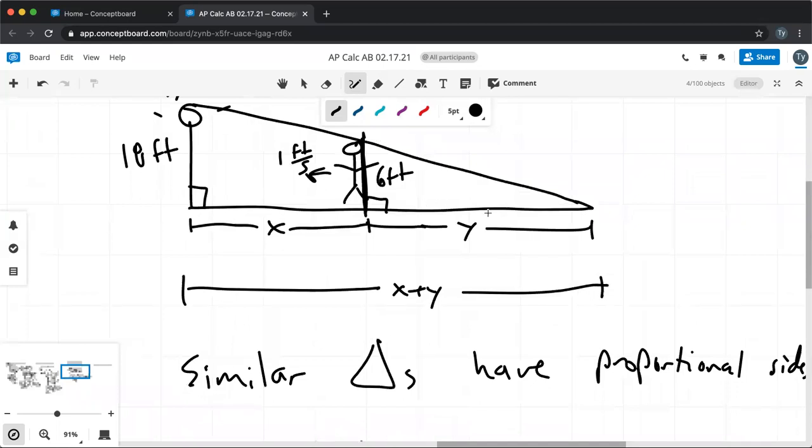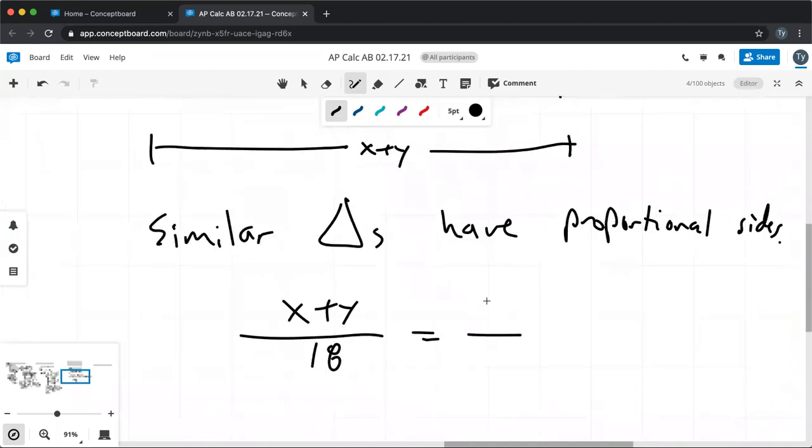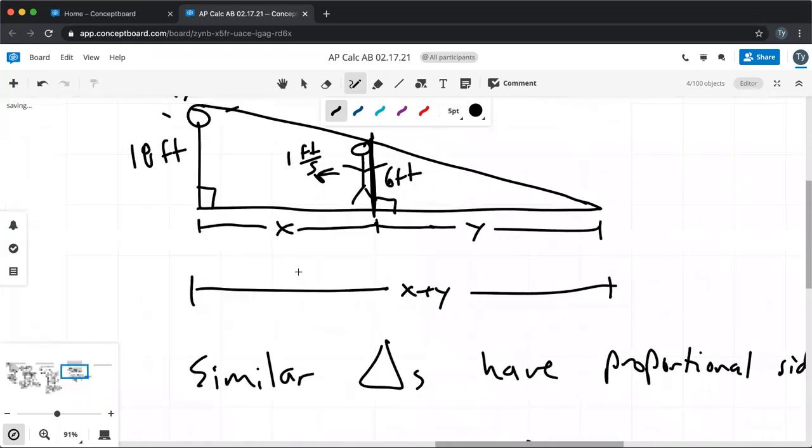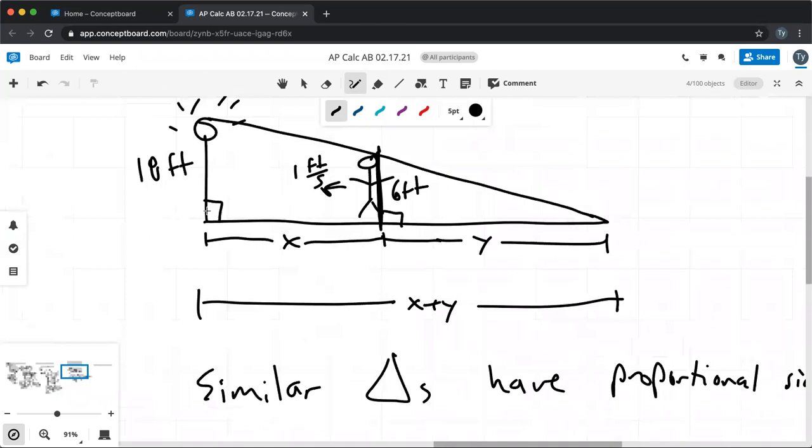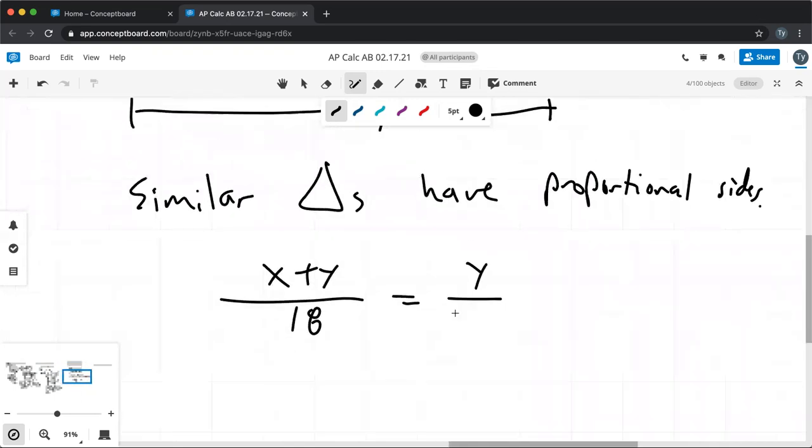We looked at this one for the numerator, X plus Y, so we're going to look at this one for the numerator of the next part. We looked at 18 feet for the denominator of the bigger triangle, so we look at its corresponding part for the denominator of the little triangle, 6 feet.